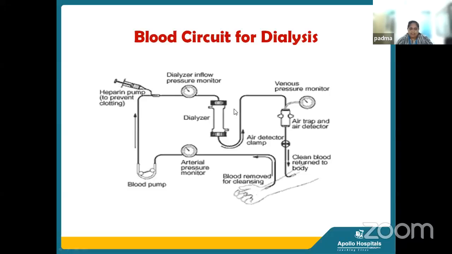And I'll explain this dialysis process in a simple way. This is the access line of the dialysis. The access line will be cannulated. After the cannulation, the arterial line is connected to the access, and from the access blood flows with negative pressure to the blood pump and then to the dialyzer.